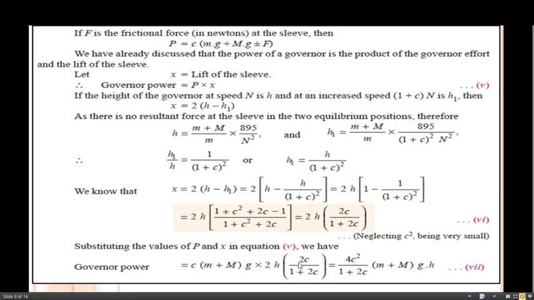Now simplify this term once again: 2 multiplied by 2 means 4, c multiplied by c gives c square, divided by 1 plus 2c, and h remains as it is. So the final relation for the governor power is 4c square divided by (1 plus 2c) into (m plus capital M) into h. Get equation number next for this.